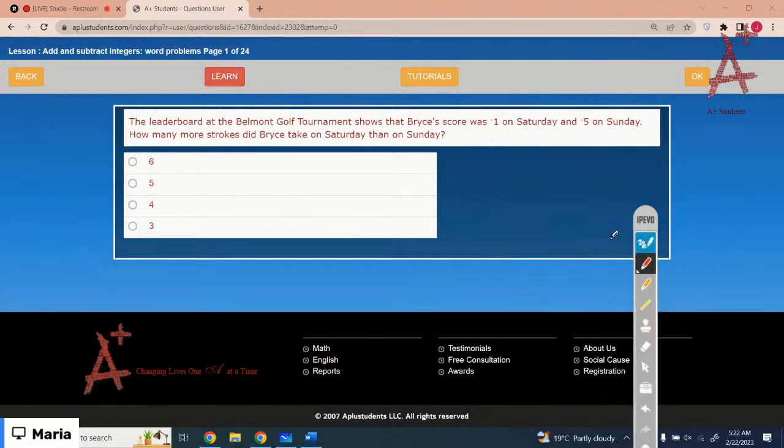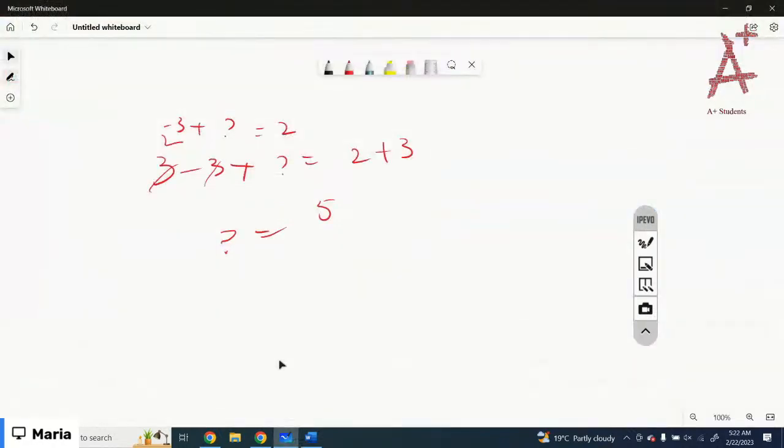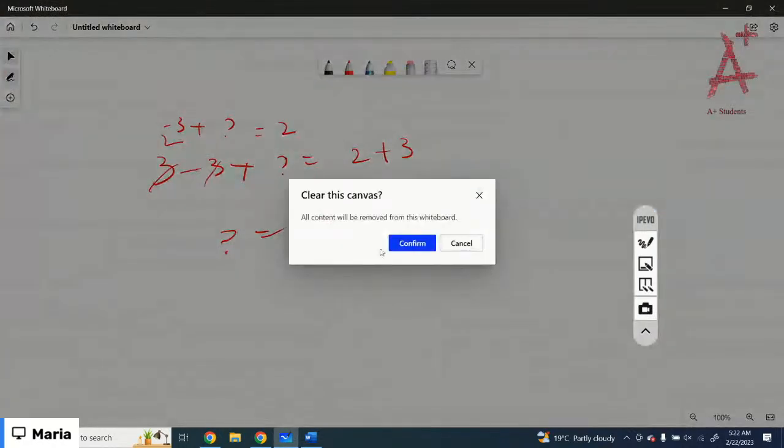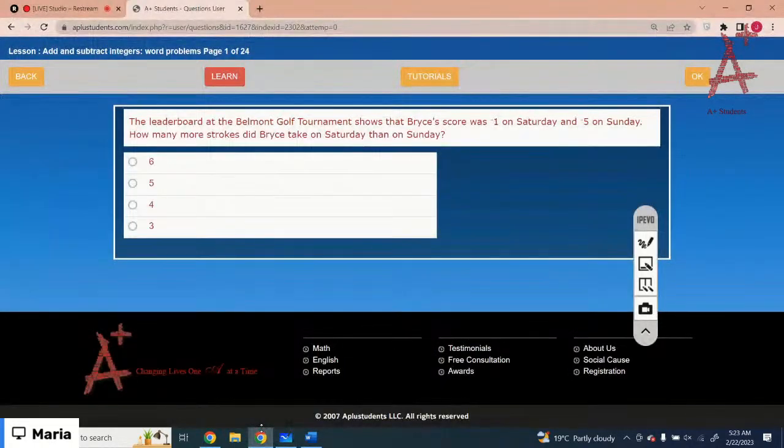You have to calculate the more strokes. On Sunday he has -5, and on Saturday he has -1.